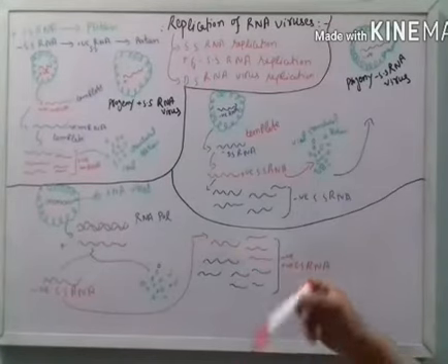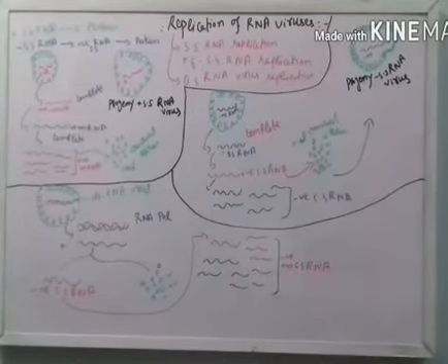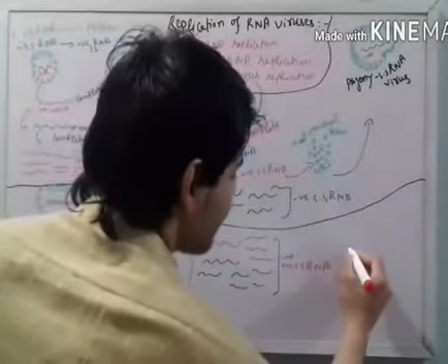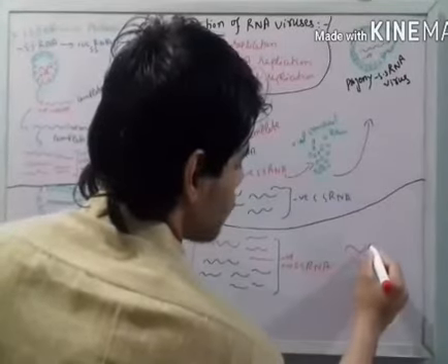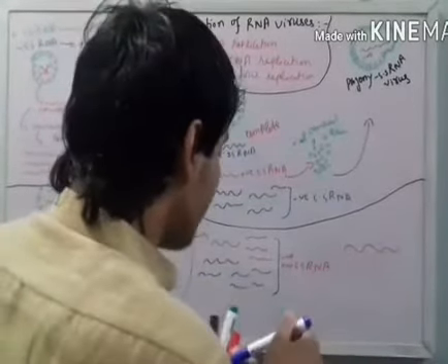Okay, so red is negative and blue is positive. So we get more and more positive and negative mRNA. After that, as both have opposite charges, they pair up in this form. So we get RNA in this form.